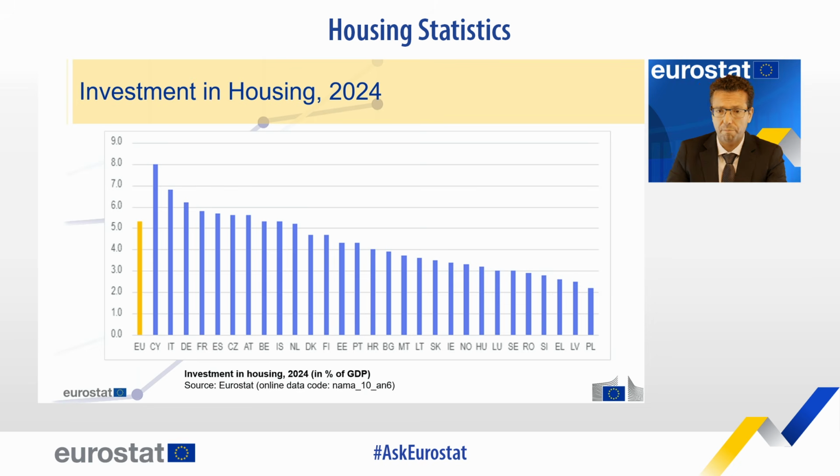And this compares to other countries, Slovenia, Greece, Latvia, Poland, where the investment is actually below 3% of the GDP. So again, as mentioned before, in this housing phenomenon there are big differences depending on the country that we are analyzing, and even more depending on the regional or the subnational level.